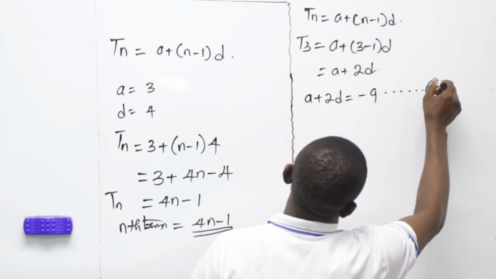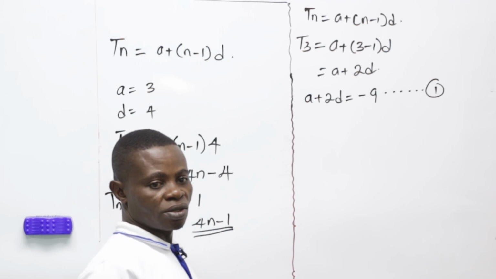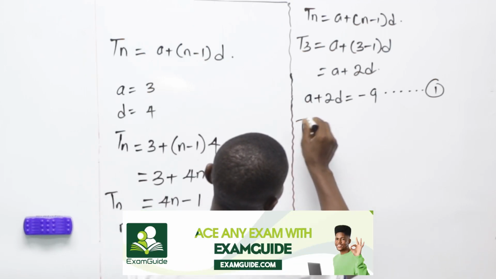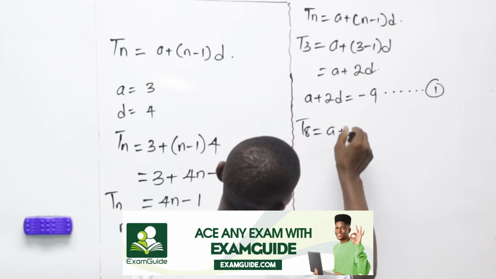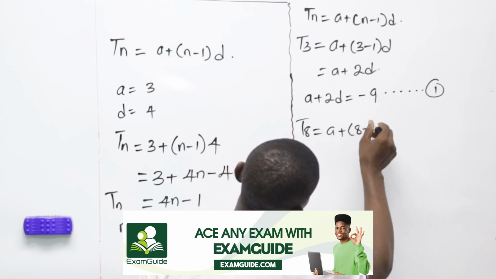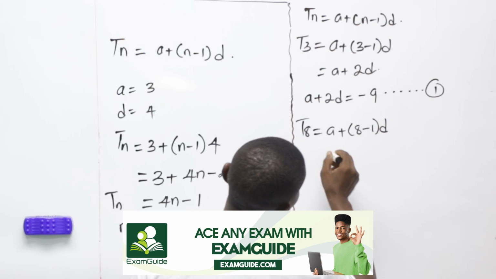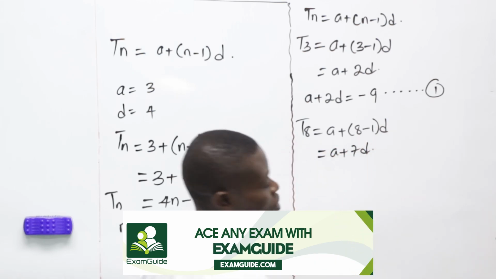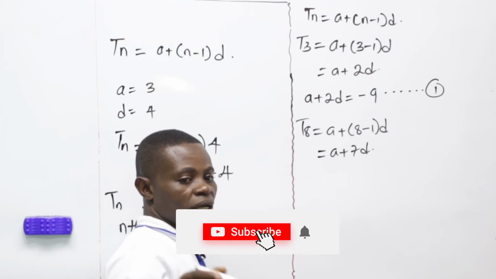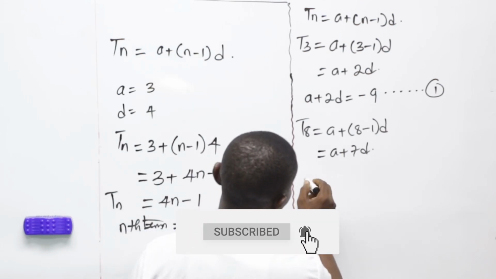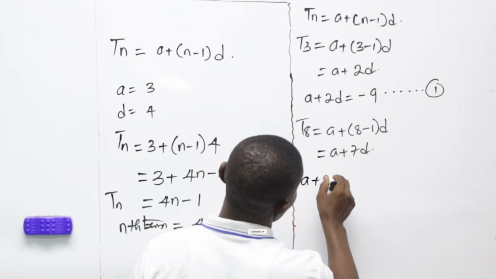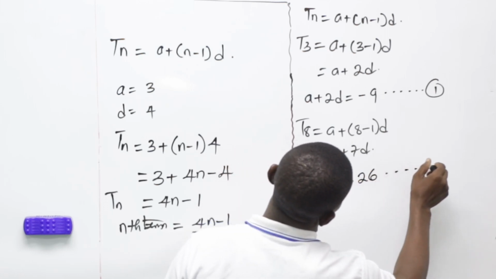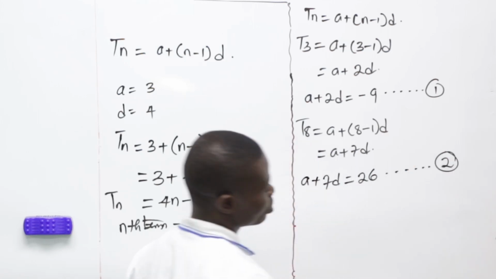Equation 1. Let's talk of the eighth term of the AP. T8 equals A plus n, which is 8 minus 1 into D, equals A plus 7D. Now this 8th term equals 26, that is A plus 7D equals 26, equation 2.